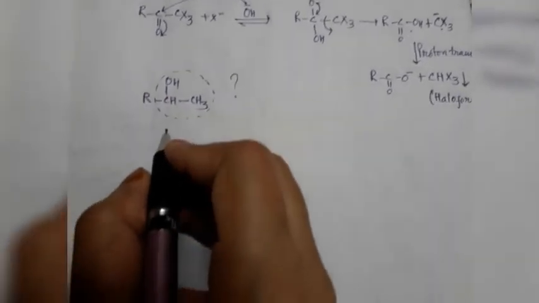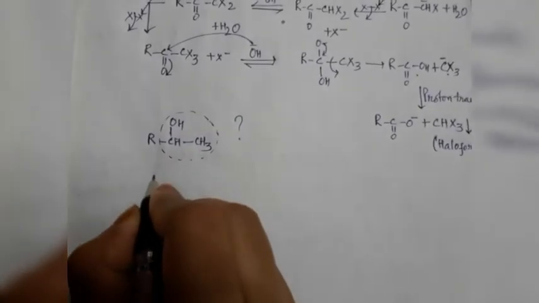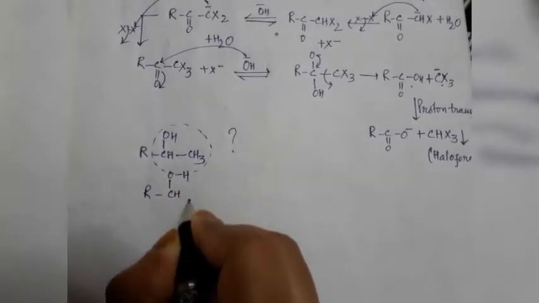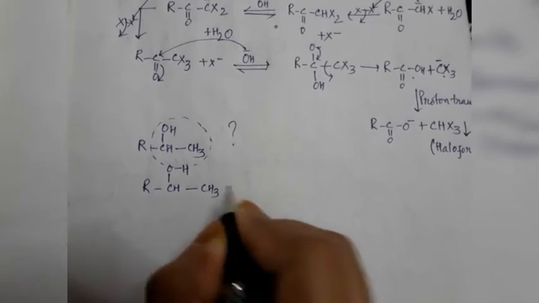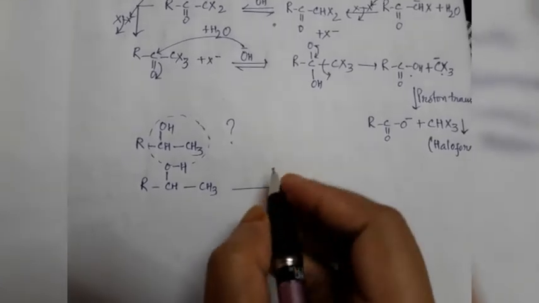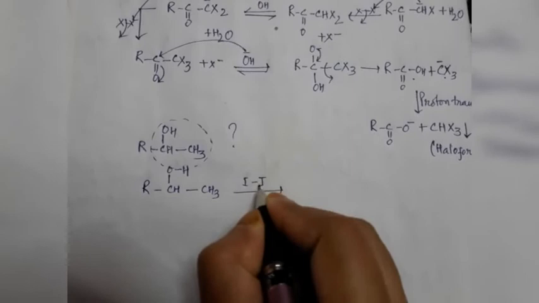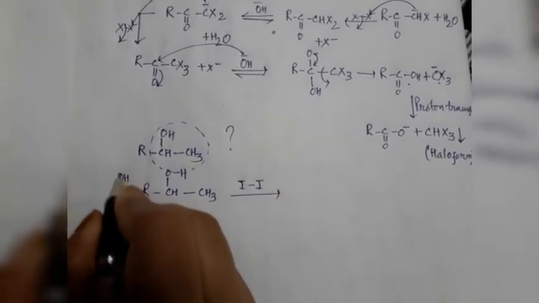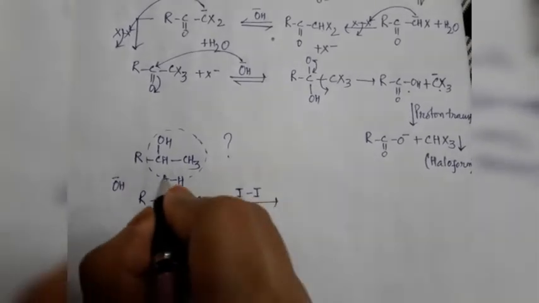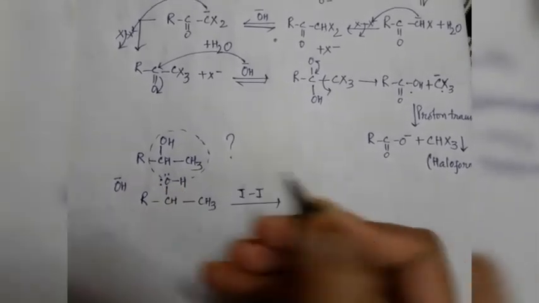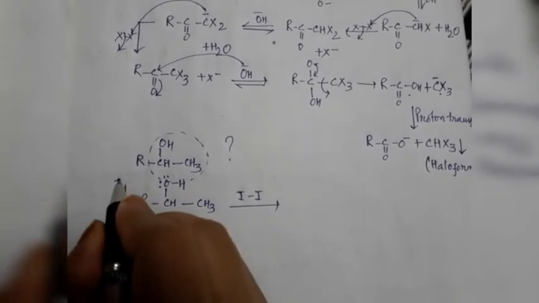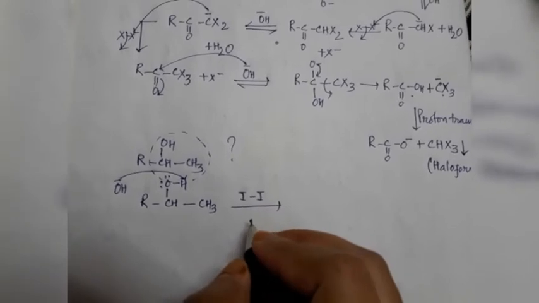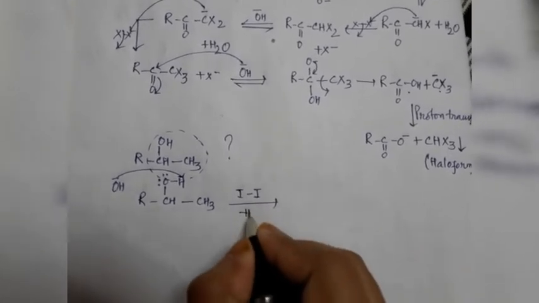At first, this CH3CHOH group will be oxidized to methyl ketones by halogen. Suppose we have taken iodine, I bond I. In the presence of base, the base will abstract this acidic proton attached to the electronegative oxygen atom, and a water molecule will be liberated, minus H2O.